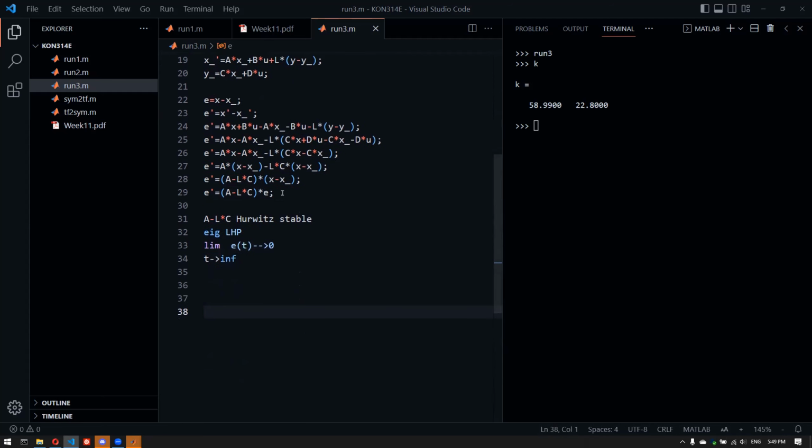Why? Because this is an autonomous system, and this is a stable transfer function.